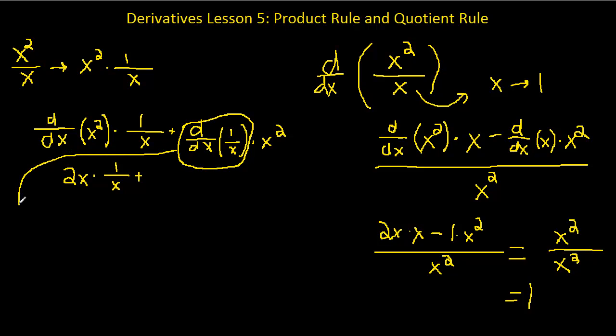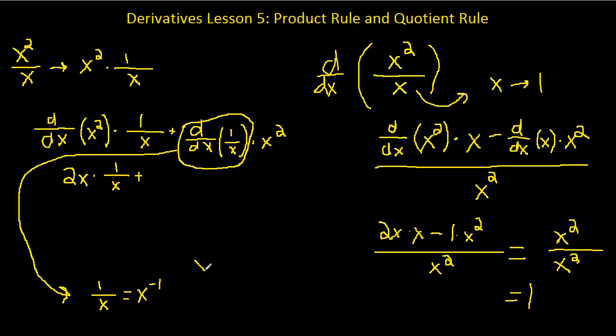If we bring this down to the bottom, how do you take the derivative of 1 over x? I know we haven't seen this yet, but you can remember from previous math classes that 1 over x is equivalent to x to the negative 1. So if we know that, we can simply use our power rule like we had before.